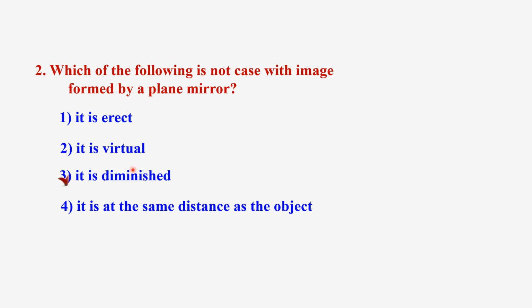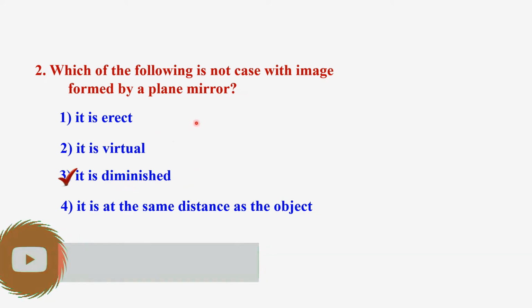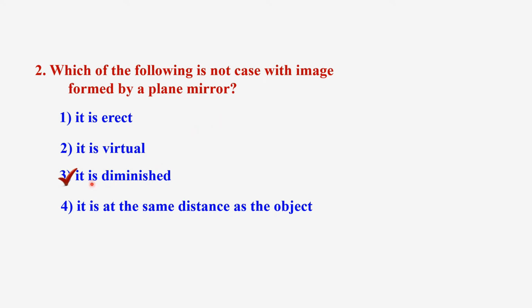The image formed by a plane mirror is an erect image, a virtual image, and it is at the same distance as the object. Only one thing, it is diminished. So this is the incorrect statement. The image formed by a plane mirror is not diminished.